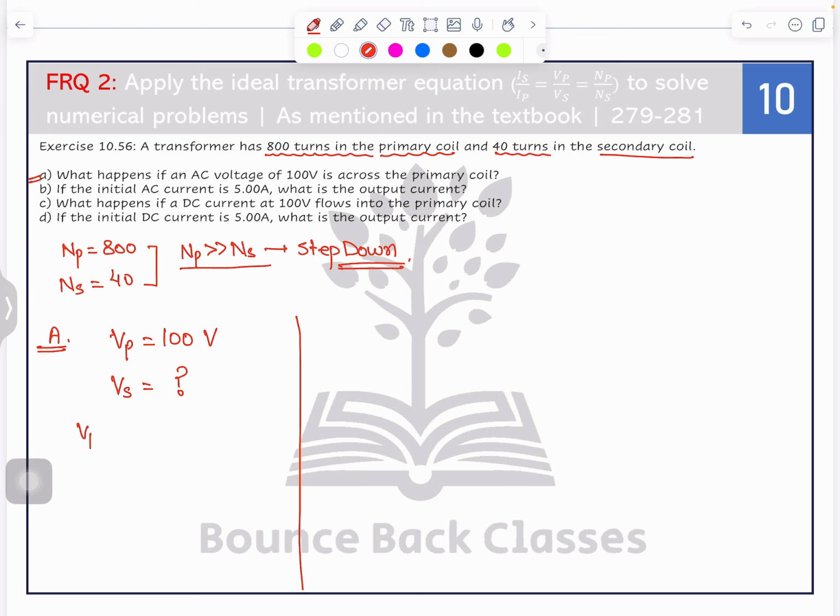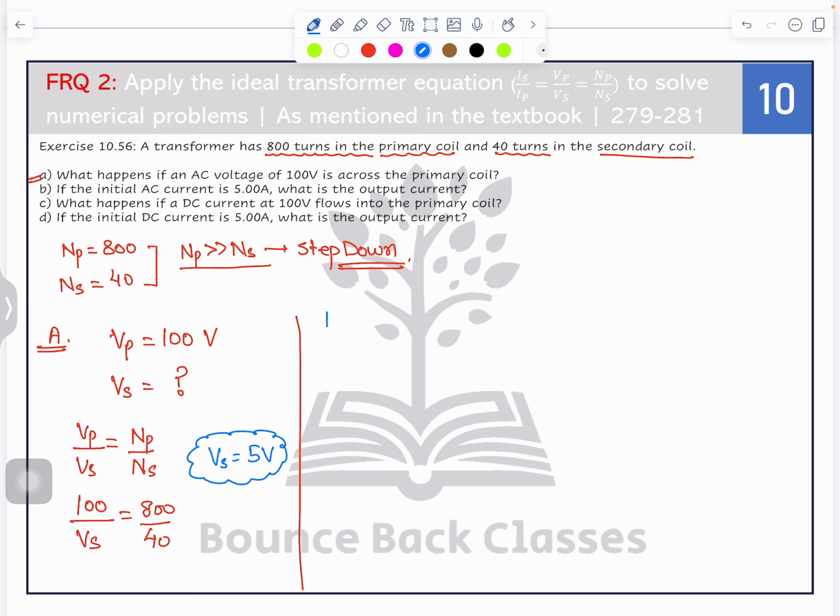As I told you, VP divided by VS equals NP divided by NS. So VP is your 100 divided by VS equal, what is NP? 800 divided by 40. Solve fast. So what is the value of VS? VS is equals to your 5 volt. Clear? First question is clear?